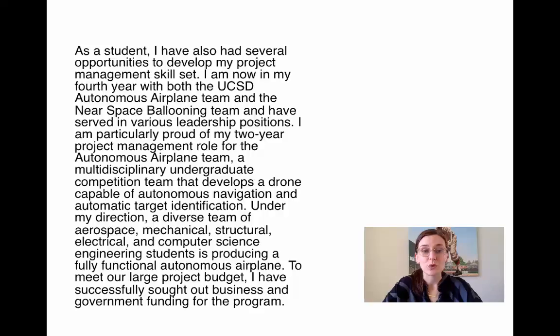So it outlines his role as a leader, his role as generating funding for the team. So there's specific detail that explains what the teams were about and his role on them, but there's also not extraneous detail. There's not detail that doesn't relate in this particular paragraph to his role on the engineering teams.